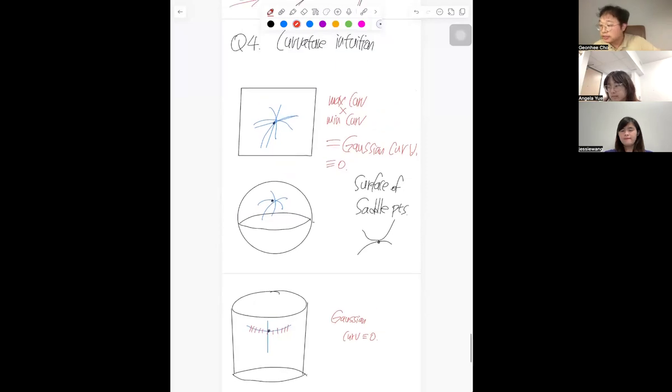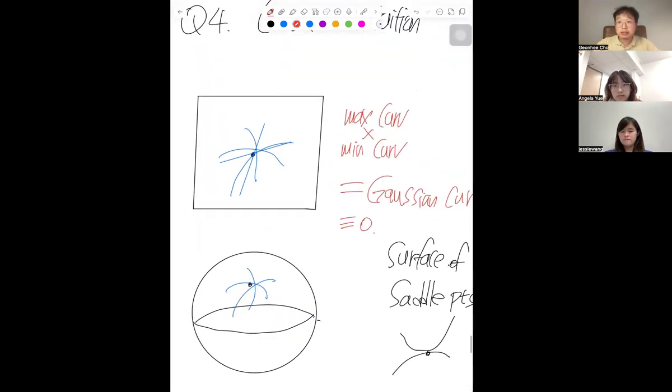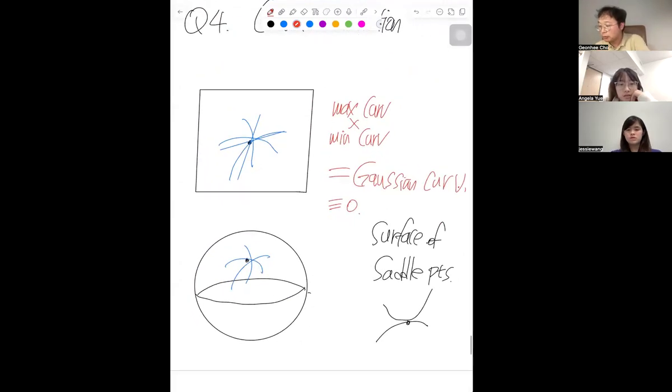And the sphere case has the same phenomenon. If you multiply the max and the mean values, they have the same curvature sign. So the Gaussian curvature is positive everywhere, a positive constant everywhere. That's the sphere. And then there's the surface of the saddle point. If you just look at the sphere case, it's like this, and the saddle point looks like something opposite, like this.